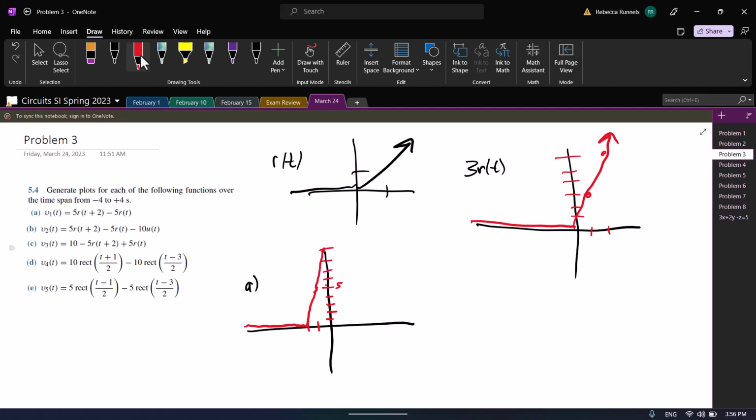Well, something else on this one happens when we get to 0. So at 0, it says -5R of t. So we need to be careful about this, just like with the unit step function. When we had -4u of t, we didn't go down to -4, we subtracted 4 from where we were. What we do here is we subtract the slope of 5 from the slope we currently have.